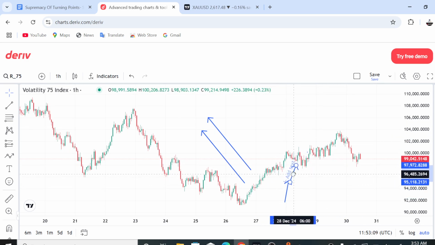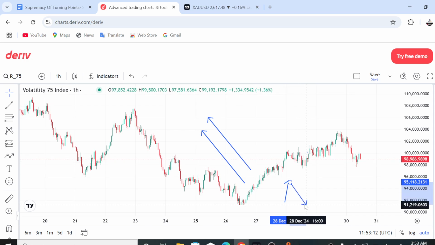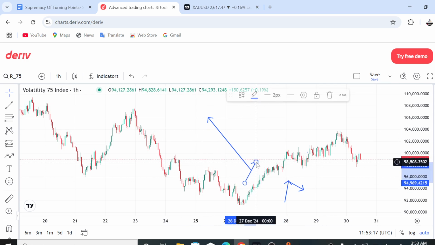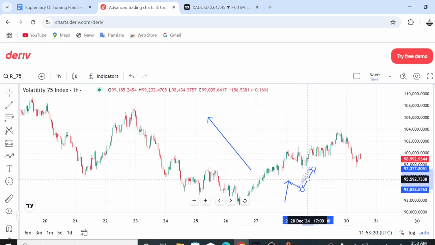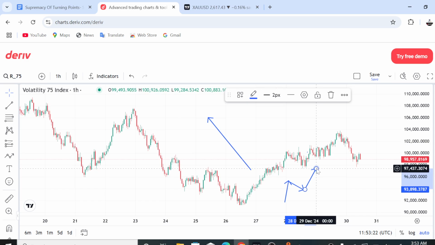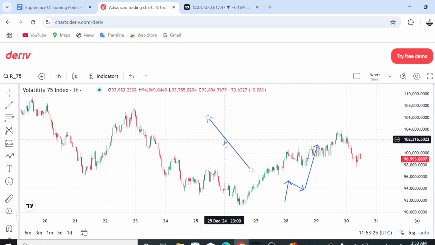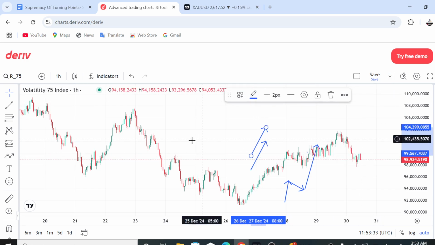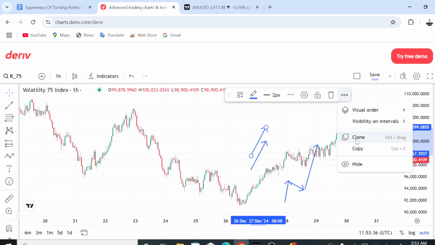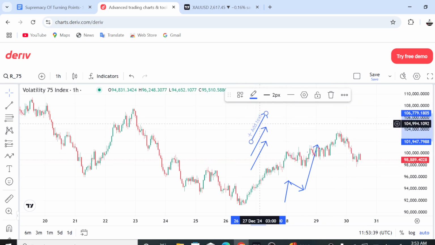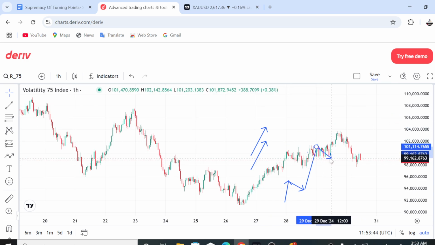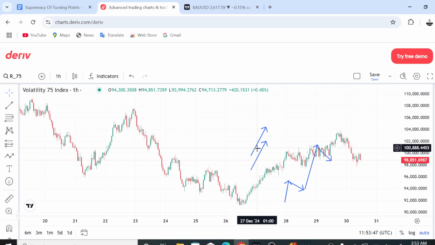So we have a market that points upwards and a little bit downwards, and then upwards and a little bit downwards.